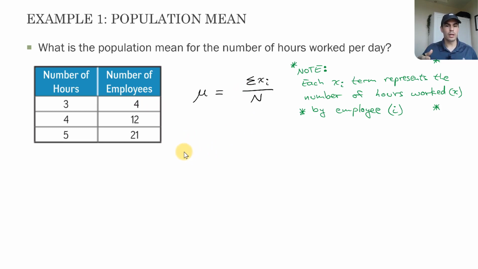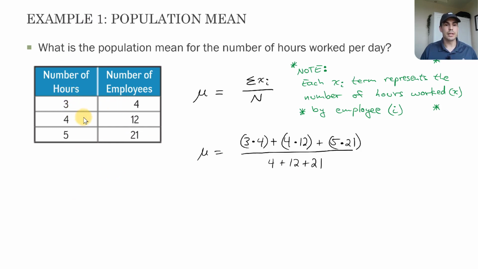That would be x sub 1 plus x sub 2 plus x sub 3 plus x sub 4. And those first 4 employees worked 3 hours per day. So that's going to look like 3 times 4. And then we're going to add, since we're just going to keep going, 4 times 12. And then we're going to add 5 times 21. Again, just using that same logic that we used in this first category.